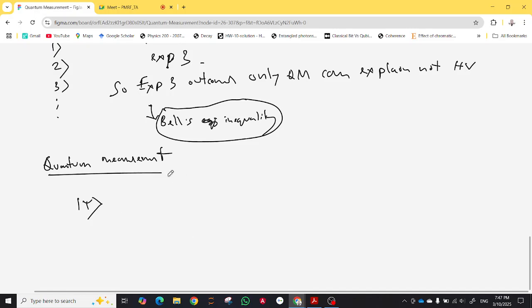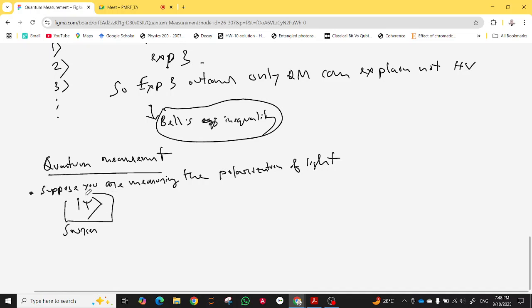So suppose first you are measuring the polarization of light. In this case, what will be your measurement device? There is some source, which has wave function psi.